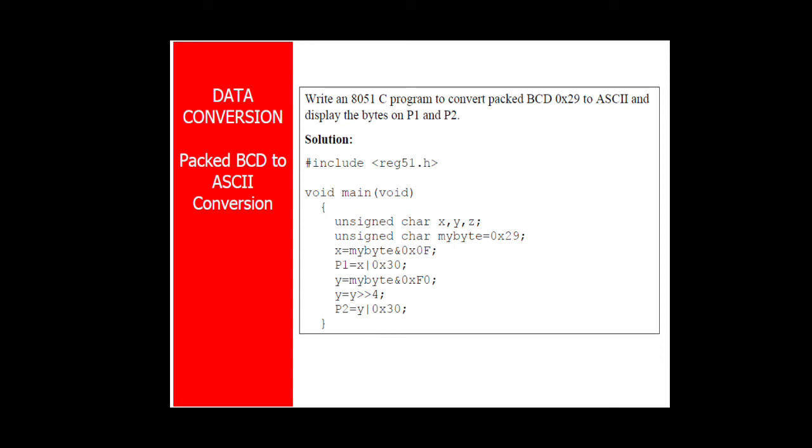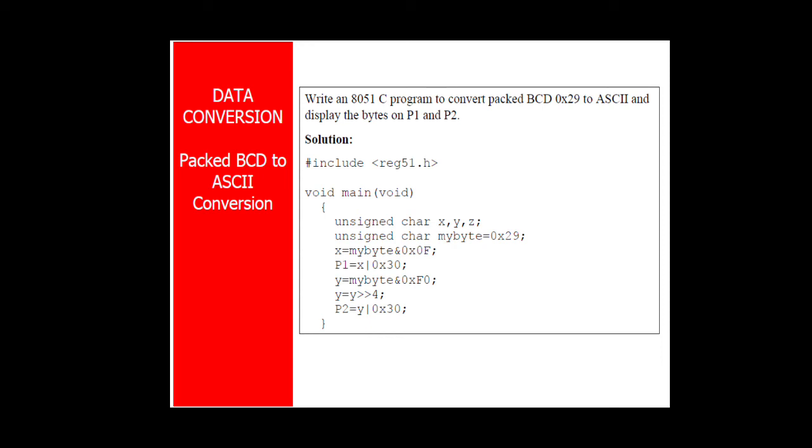It is a bitwise AND operation, and after that whatever value is stored in x is used to get a value in port 1, that is P1 is equal to x OR 0x30. First bitwise ANDing is performed and then bitwise ORing is performed. So we are performing masking here.